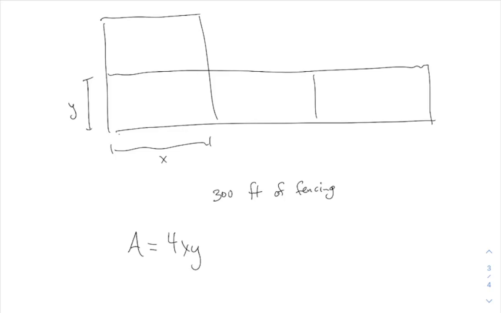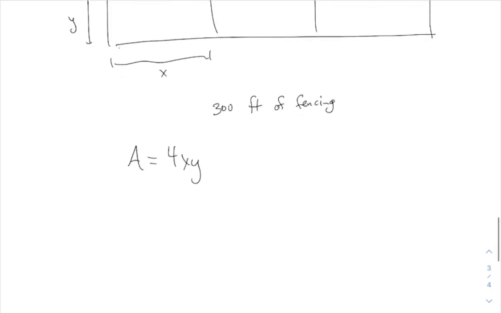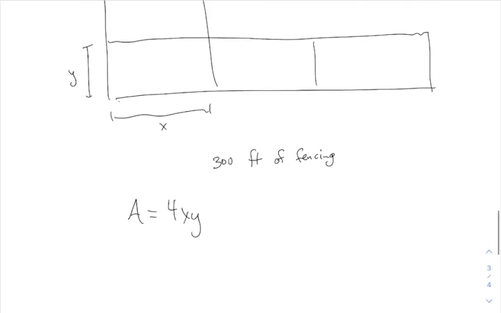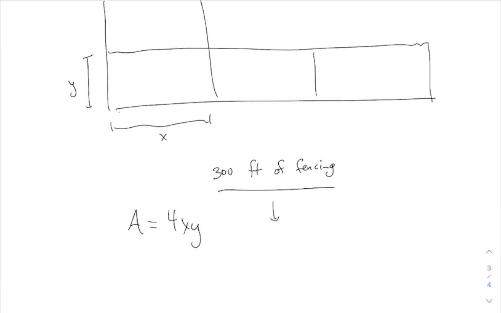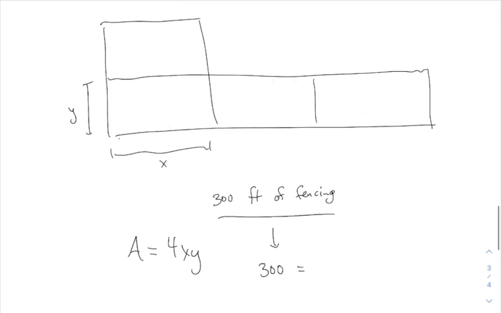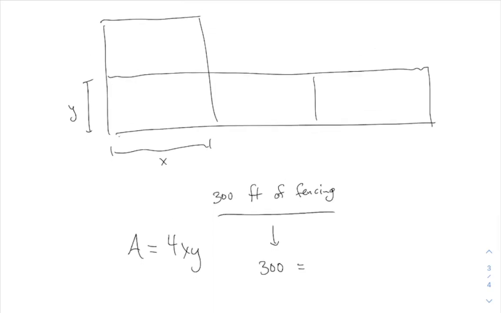We need to go to some effort to express the y in terms of x so that we can get this in terms of a single variable. But the other piece of this business is that I have 300 feet of fencing. This tells me something adds up to 300, right? You count how many lengths of length x I am using in this diagram.